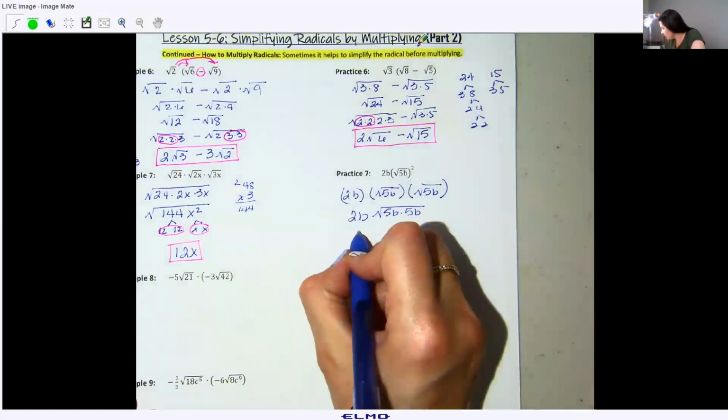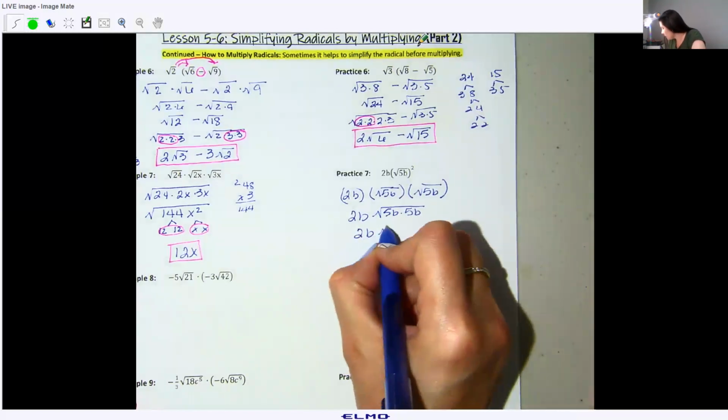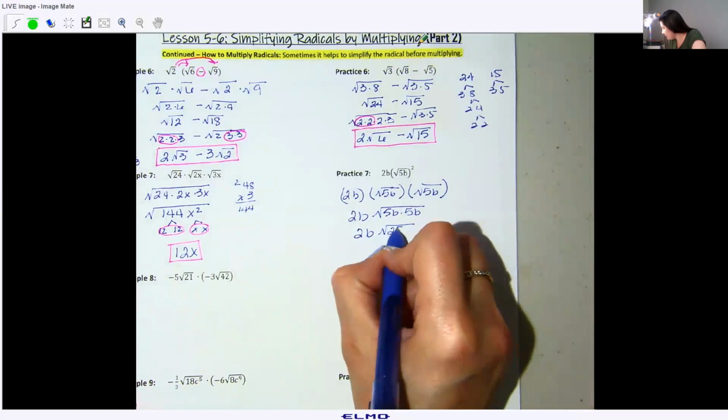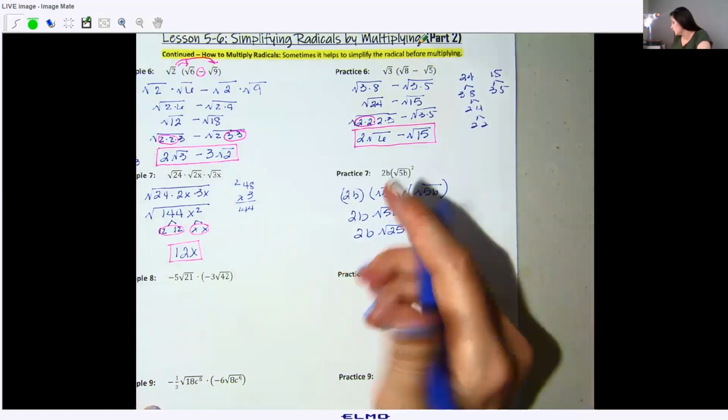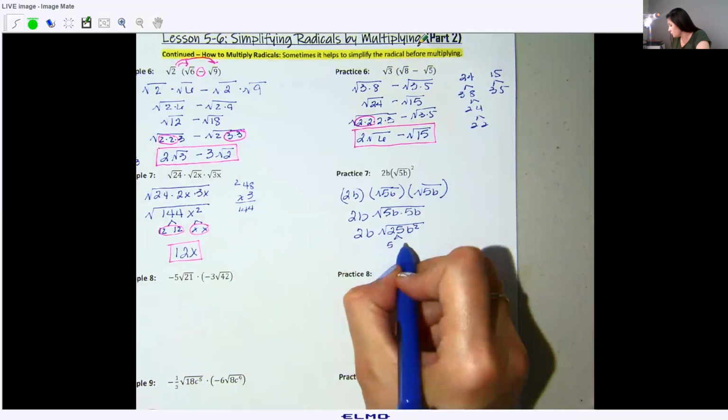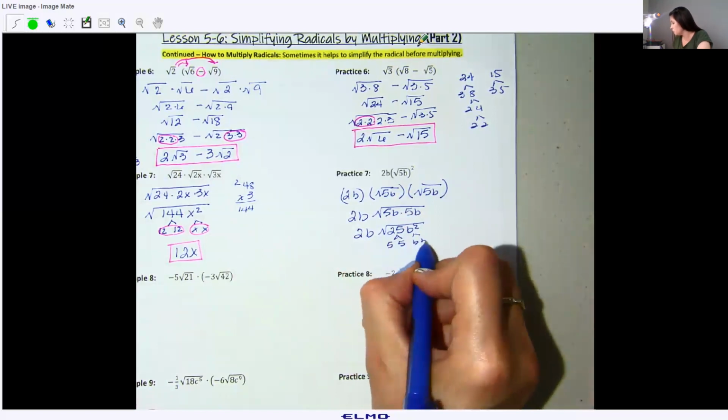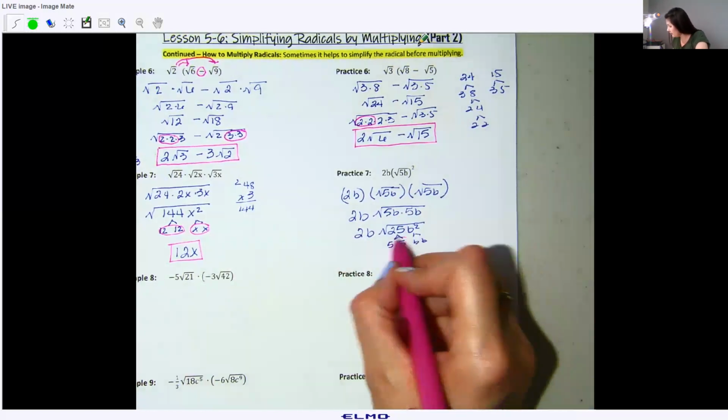Okay, so I end up with 2b square root of 25b squared. Okay, so 25 times 5 is 25, and then we'll pull out two b's. So we have this paired up.